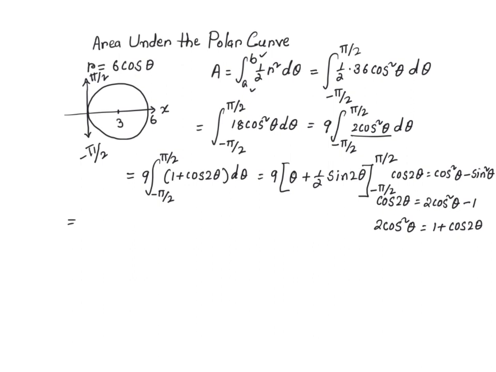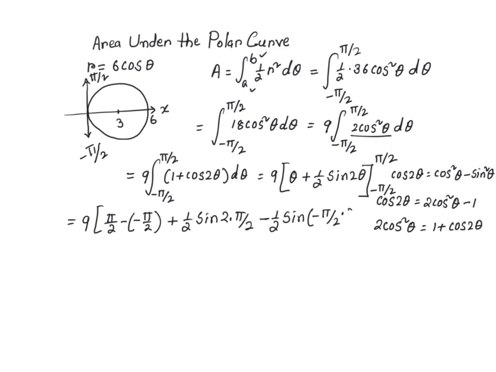And if I do so, I get 9 times theta, which is pi over 2 minus negative pi over 2, plus 1/2 times sine 2 theta. So 2 times pi over 2 is just going to be pi, and sine of pi is 0, minus 1/2 times sine of negative pi over 2 times 2.